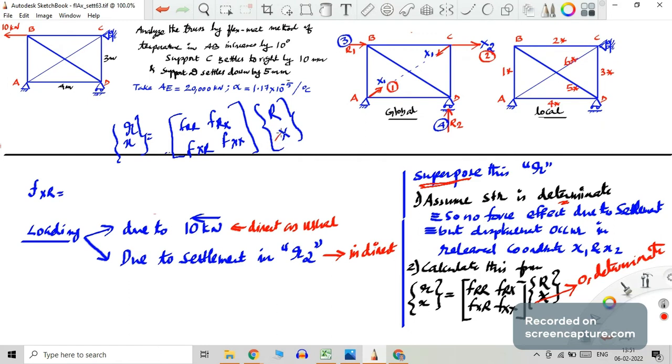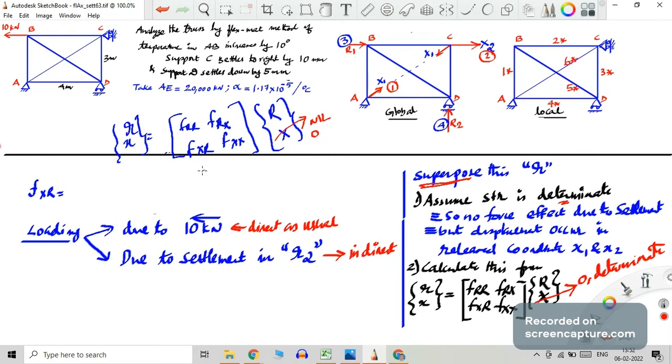So no x, because x are redundant. This is nil there. So when there is no x, actually that can be taken as all zeros. Here we have x1, x2.